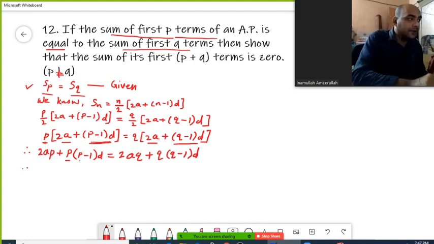So finally this can be written as 2ap plus p into p into d, so this will become p square into d, minus p into 1 into d, so this will give you pd. Correct?